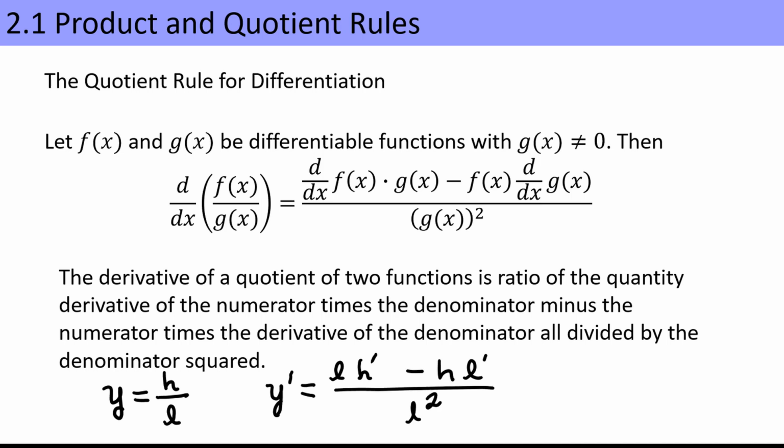That is low d high minus high d low over low squared. This is yet another differentiation formula that you need to memorize.